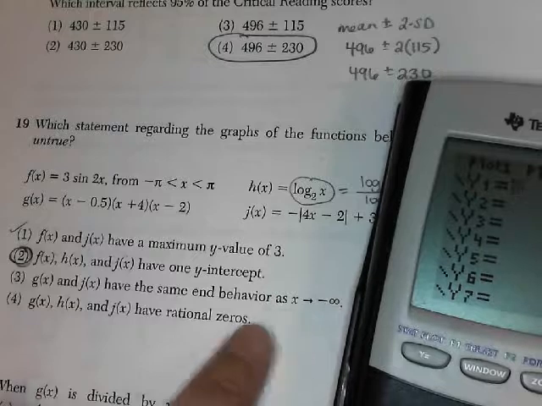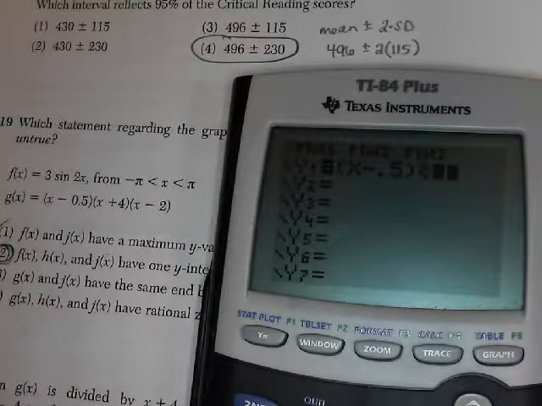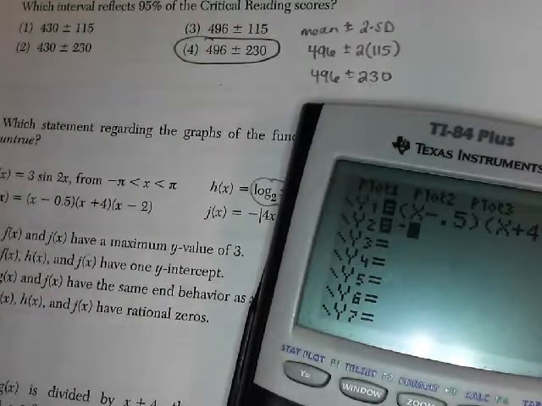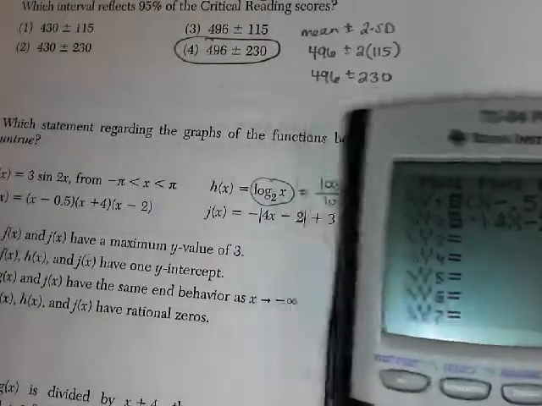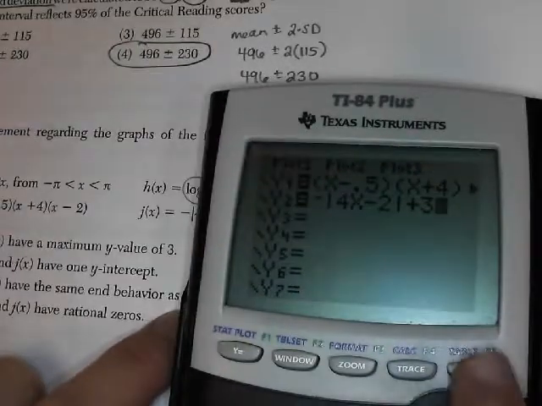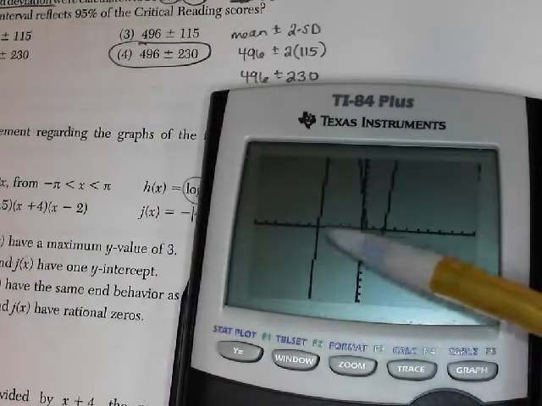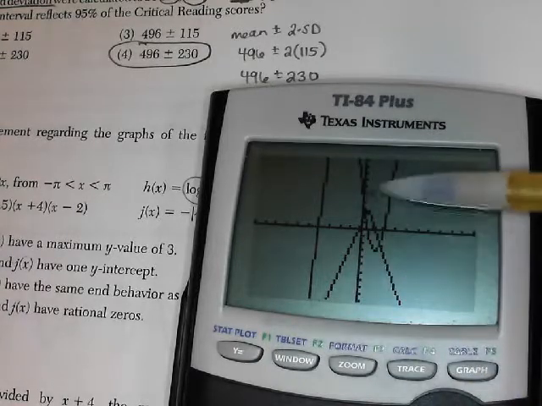So if I type in g of x, and type in j of x, what is the end behavior as x goes towards negative infinity? So zoom 6. As we go towards negative infinity, this one's going towards negative infinity, and this one's going towards negative infinity. So as x approaches negative infinity, we're trying to trace our graph to the left.